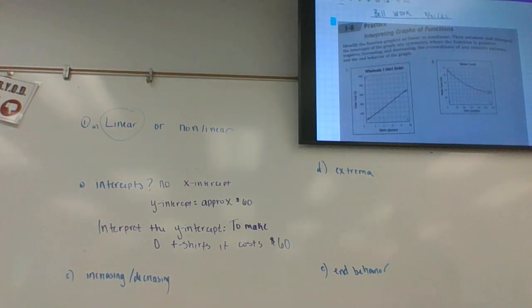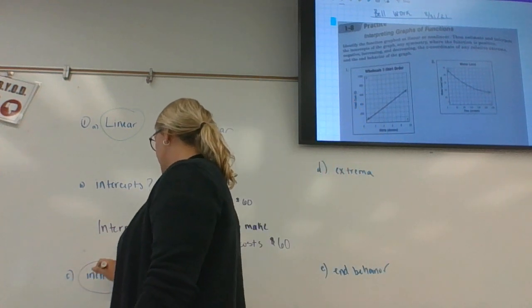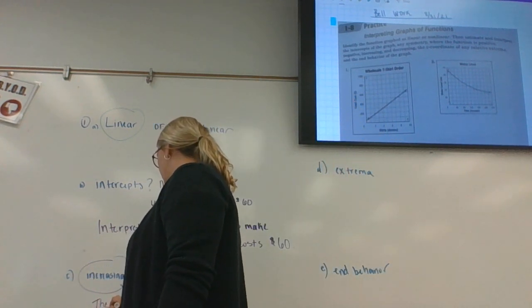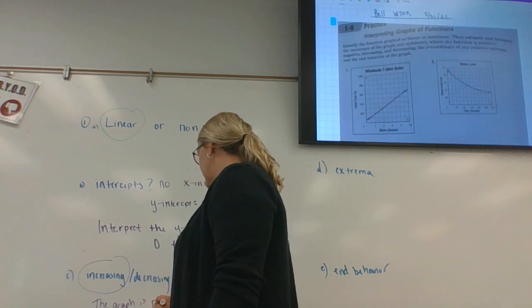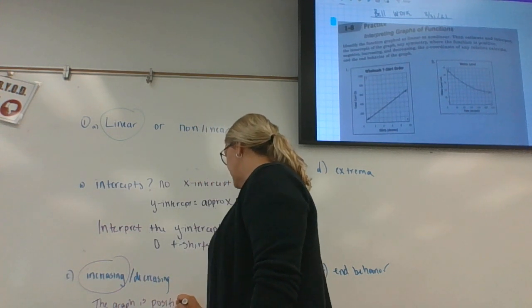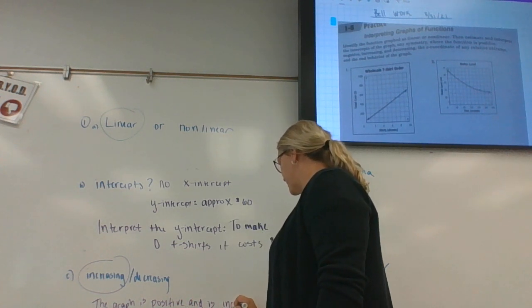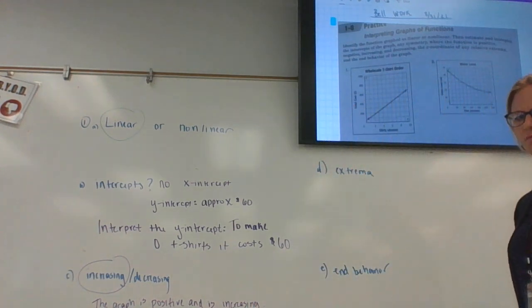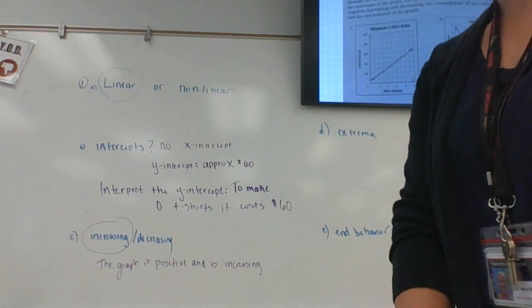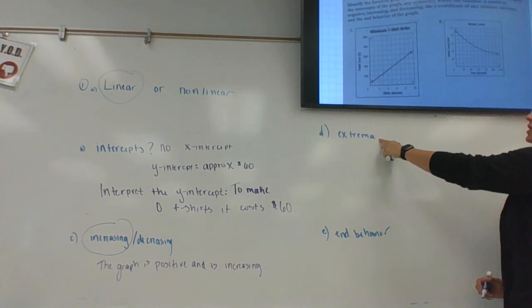Okay. Increasing or decreasing? The graph is increasing the whole time. And it's positive, everything's positive. The graph is on the positive side of the x-axis and is increasing the whole time. Okay, extrema. Yesterday I didn't use this word in your notes.